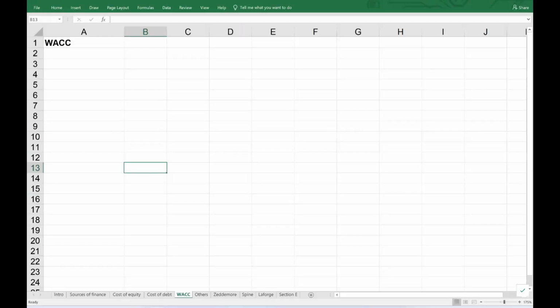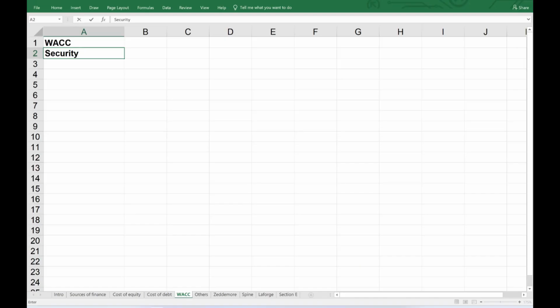So look, we have three securities here. Security is a common word we use for shares, bonds, preferred stock, for everything we use.